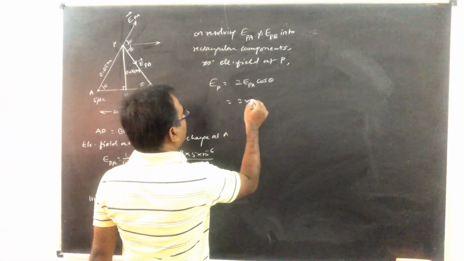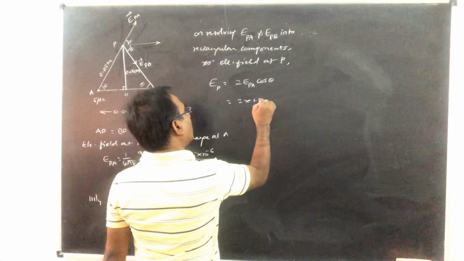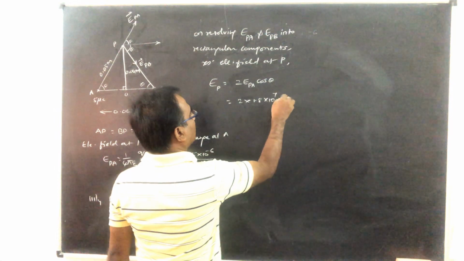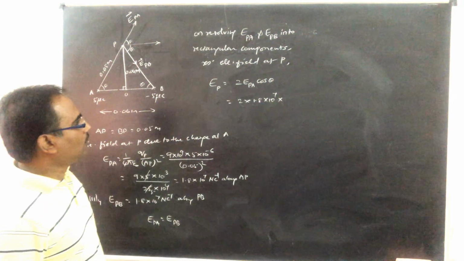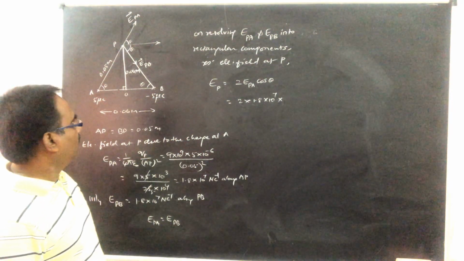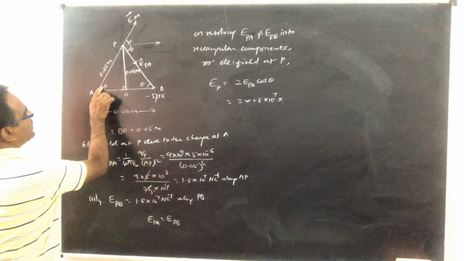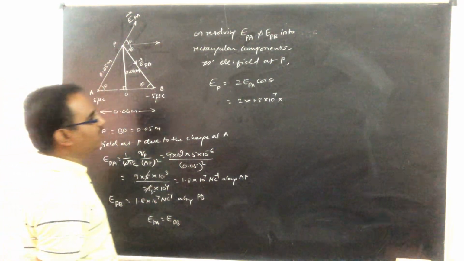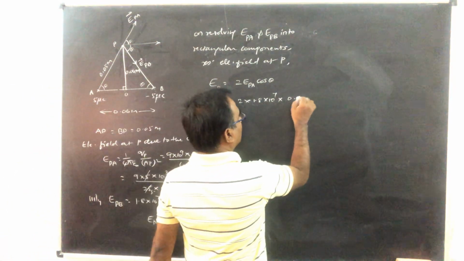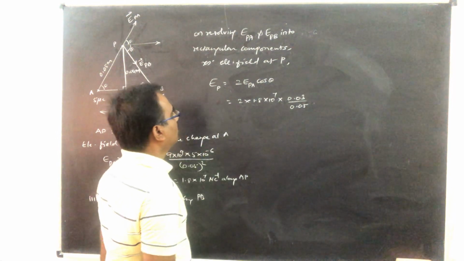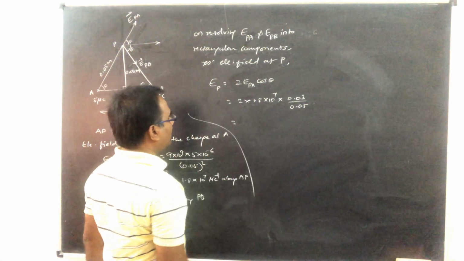So this is 2 into 1.8 into 10 to the power of 7. What is this cos theta? Here cos theta is adjacent side by hypotenuse, so it is 0.03 divided by 0.05. So you do this calculation, thereby you will get this field at P.